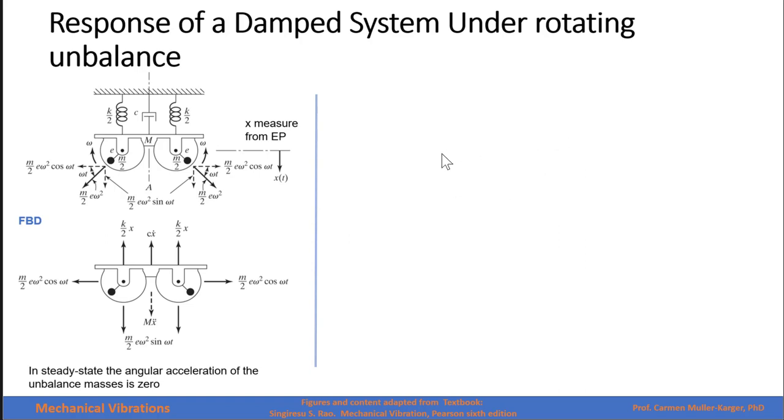If we do our free body diagram, the horizontal forces cancel out. Each of these forces will be m/2 e omega squared sine of omega t, and then we have the force of the spring and the force of the damper.